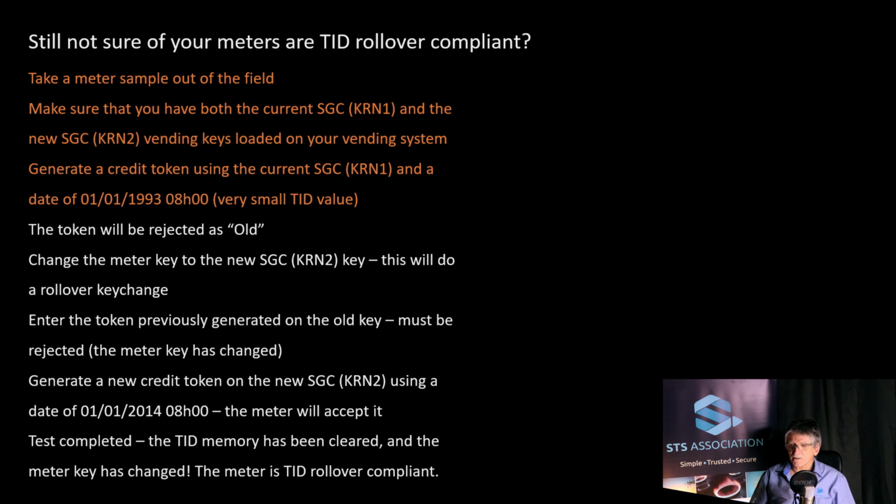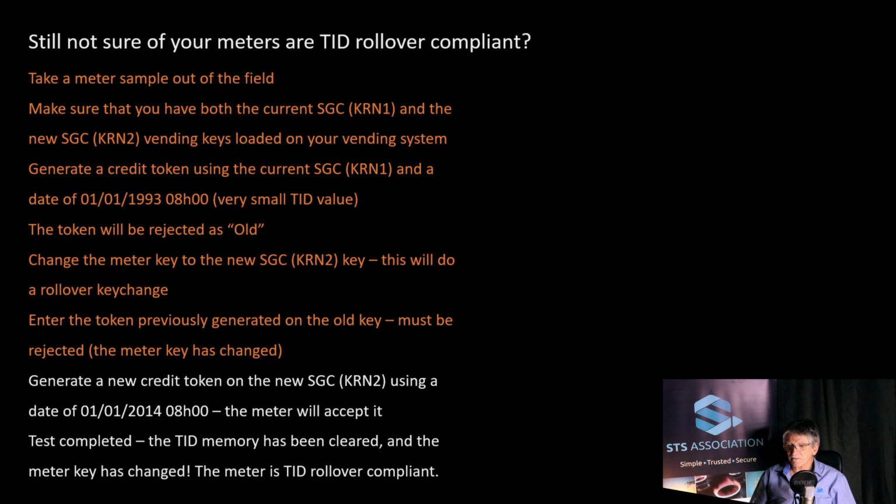Generate a credit token using the KRN1 SGC and the date of the 1st of the 1st 1993 at 8 o'clock in the morning. So this is a very small TID value. The token will be rejected as old. Change the meter key to a new SGC KRN2 key. This will do a rollover key change.